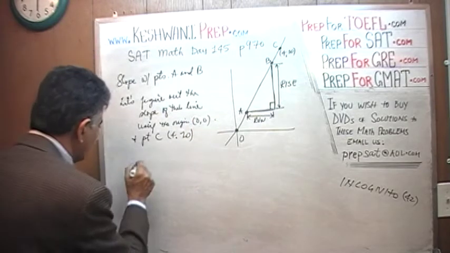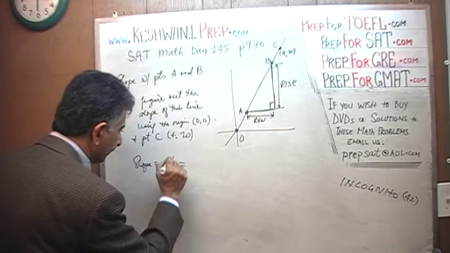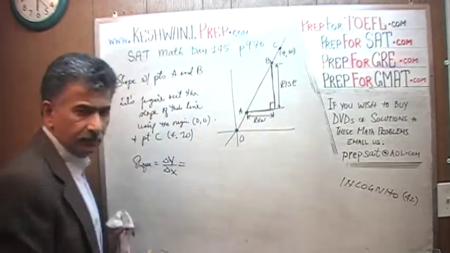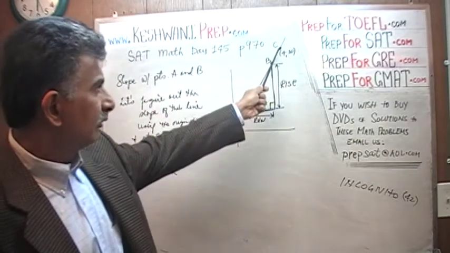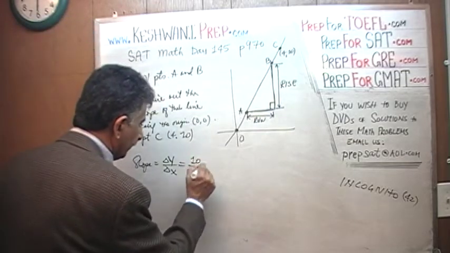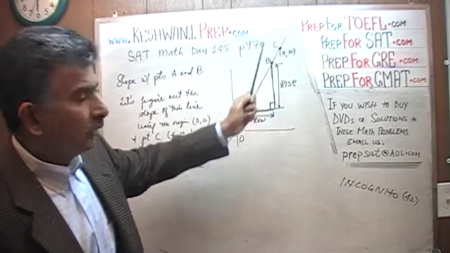So let's do it. Slope equals change in y over change in x. If we go from origin to point C, the change in y is 10, because if we go from 0 to 10, that's pretty straightforward. And change in x would be from 0 to 4.